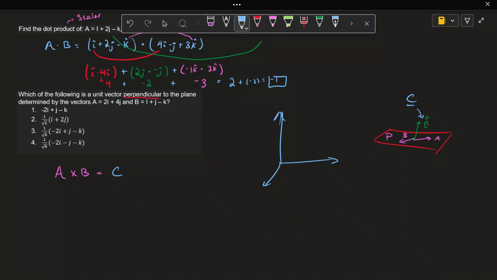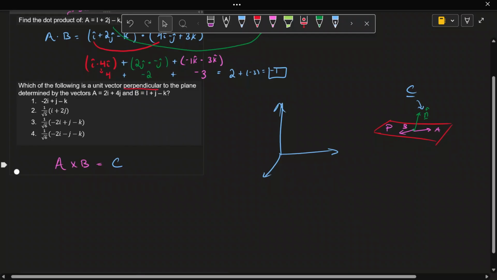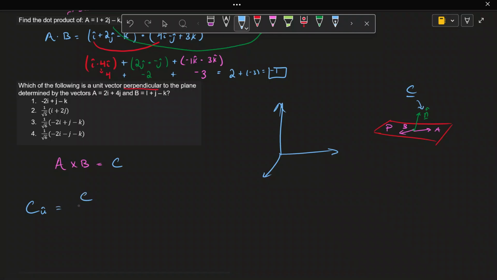Okay, so we're trying to get the C vector because we're asked to find the unit vector perpendicular to these two vectors. Now, how do we find a unit vector? Well, this unit vector, denoted by C subscript U, is equal to the C vector that we get from taking the cross product between A and B, divided by the norm or magnitude of our resulting perpendicular vector.